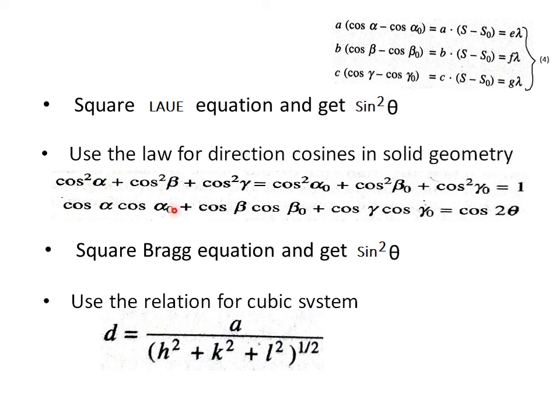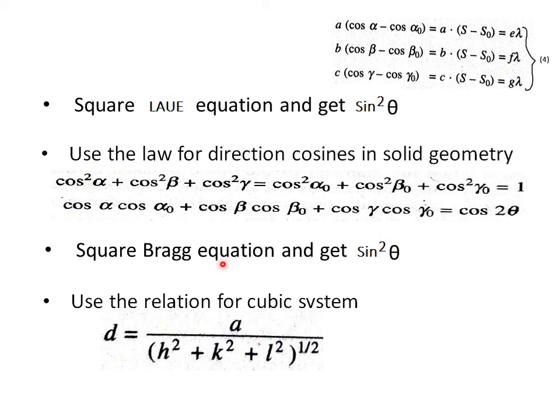So making use of these two equations, from LAUE equations we will arrive at sine square theta by squaring and adding left hand side and right hand side of equation number 4. These two equations stand for the law of direction cosines in solid geometry.